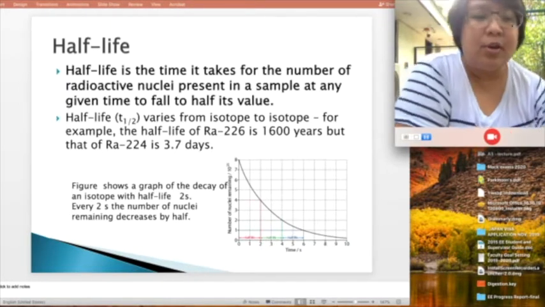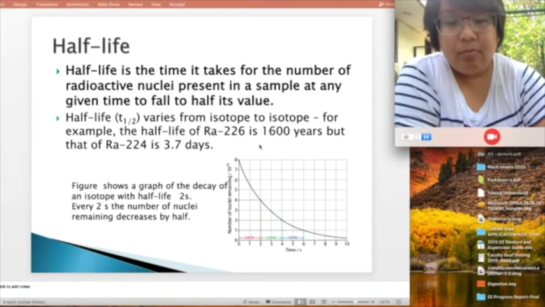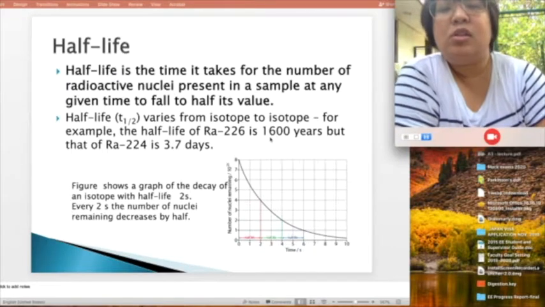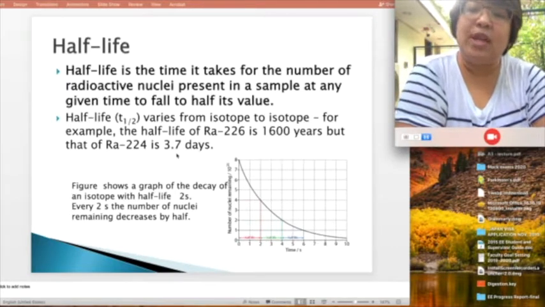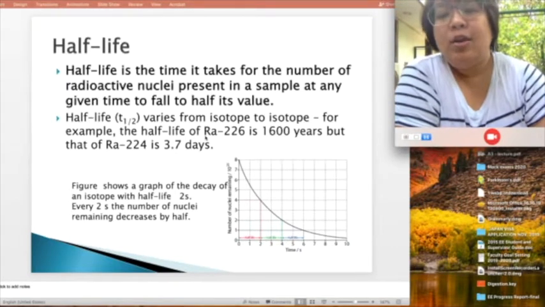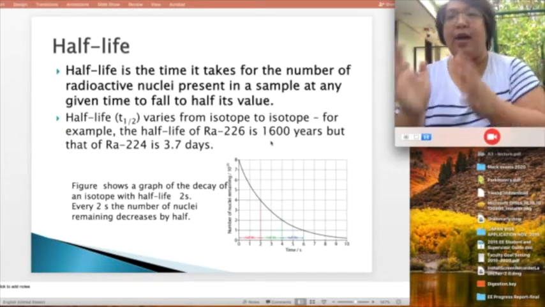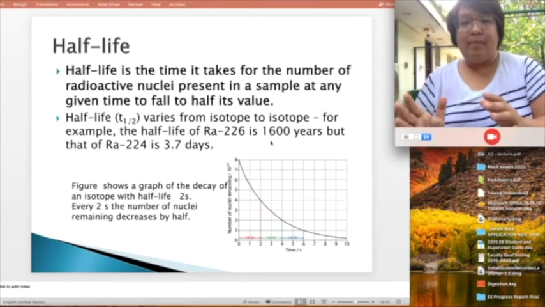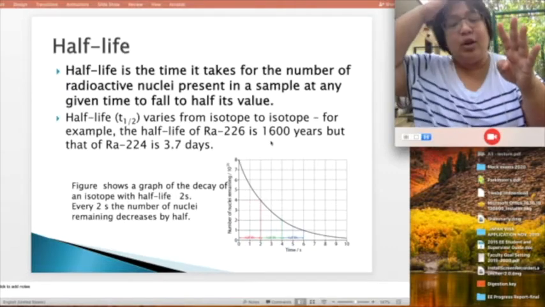For example, for radium-226, the half-life is 1,600 years. But for radium-224, it's faster, 3.7 days. What does this mean? Radium-226, every 1,600 years, that's a long time, becomes half of its original amount, whereas radium-224 takes only about 4 days.